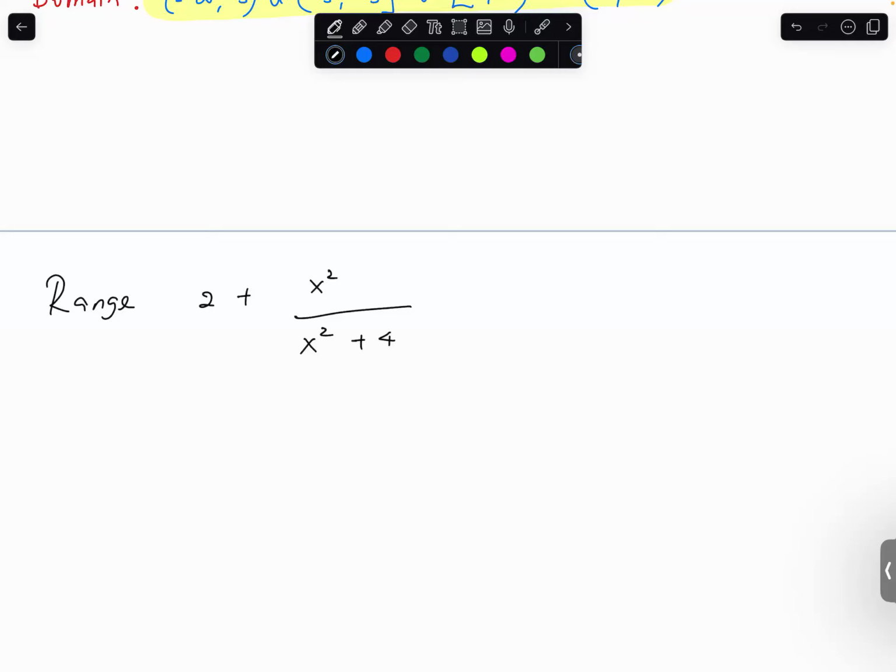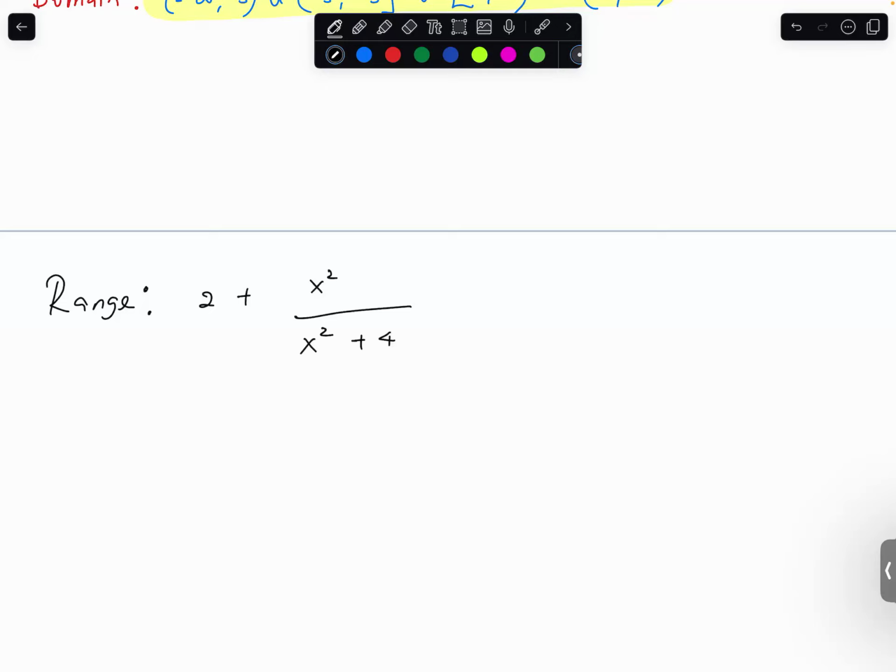One of the easiest ways to find the range of a function is to graph the function if the function is easy. If the function is not easy to graph, you could try to simplify the algebraic expression to something simpler, something where you can easily see what is happening. Let's try to take the second approach here. Instead of trying to graph this function, let's try to simplify this expression.